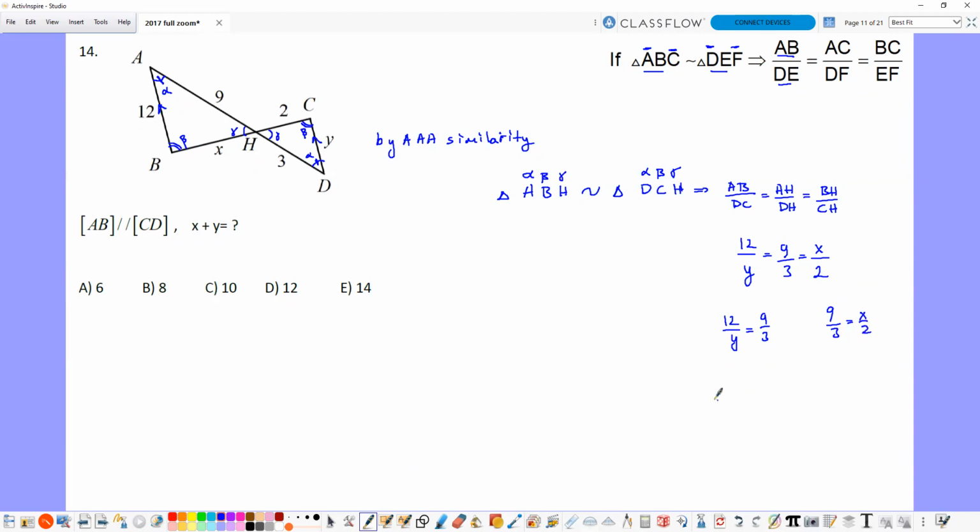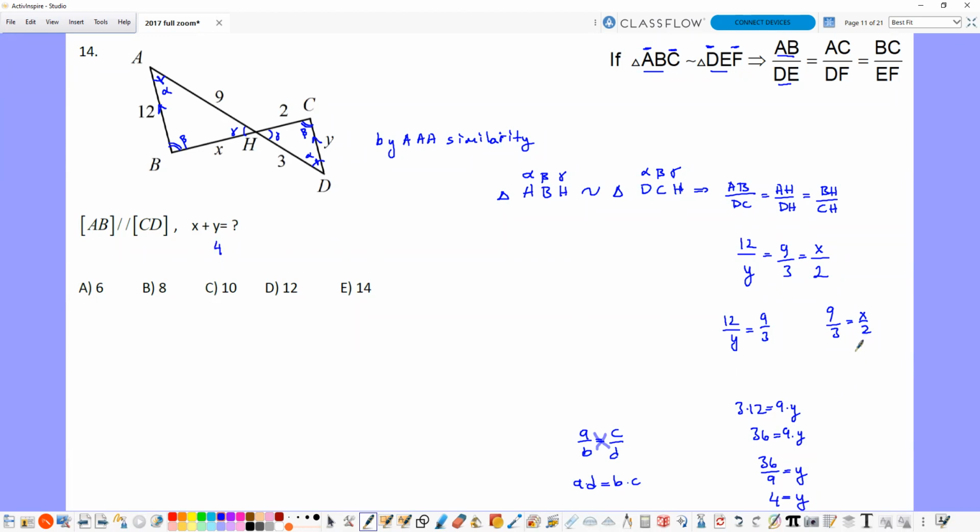For this kind of case, you remember from the previous lessons that if A over B is equal to C over D, then A times D is equal to B times C. This is called the cross product, which means you multiply the terms crosswise. Here, 3 times 12 is equal to 9 times Y. So 36 is equal to 9Y, and 36 over 9 gives the Y value, which is 4. So I found Y is equal to 4.